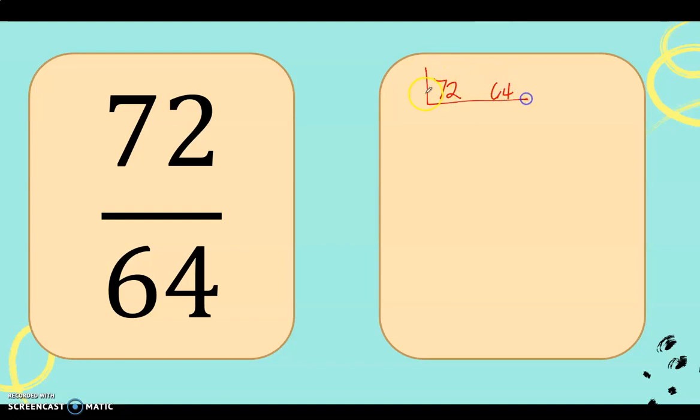Get their GCF. We have 8. This one is 9 and this one is 8. So there's no common factor between the two. So this is now our answer, 9 and 8. If you're going to write it in colon form, you can write 9 is to 8. So that is the answer.